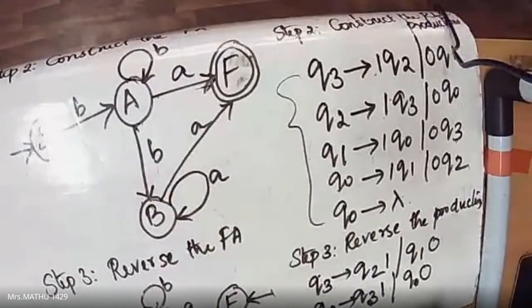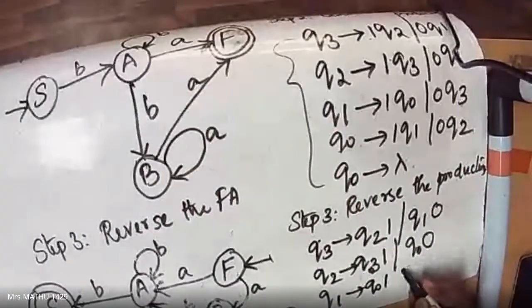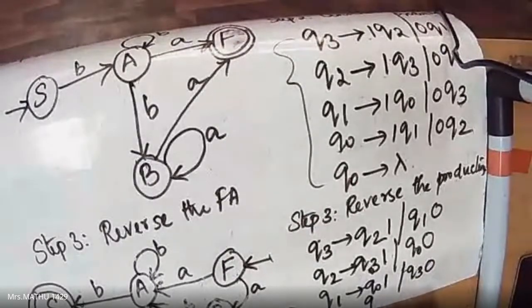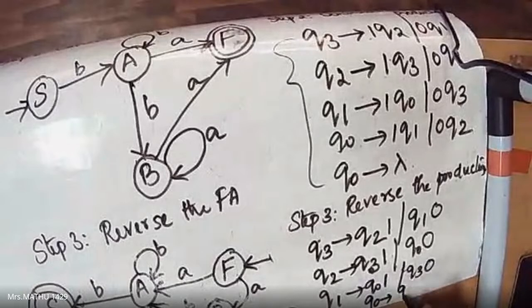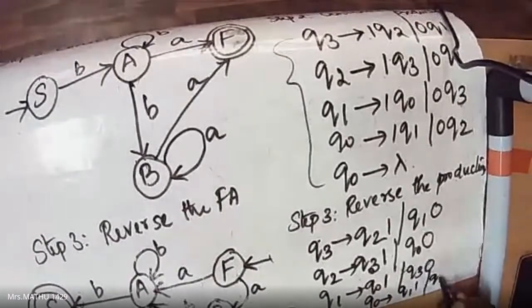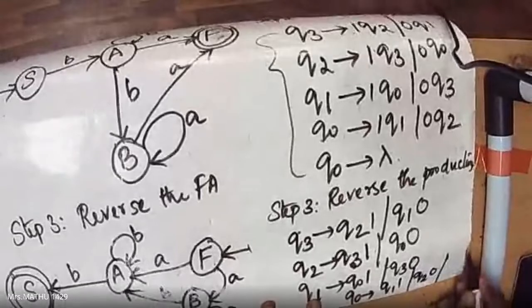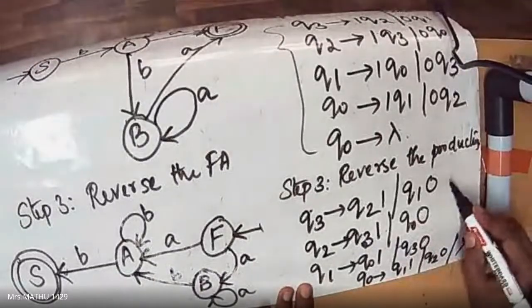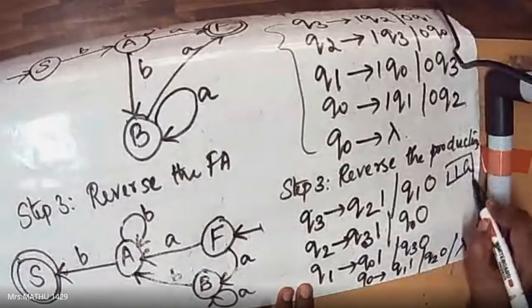Then from Q1, Q0 1 or Q3 0. And then from Q0, Q1 1 or Q2 0 or lambda. So now you can see that this is the final left linear grammar.